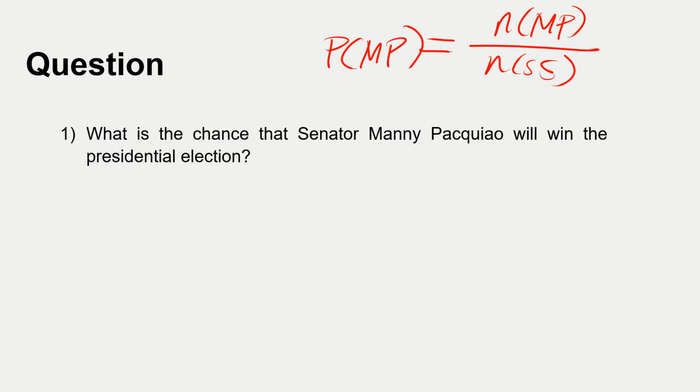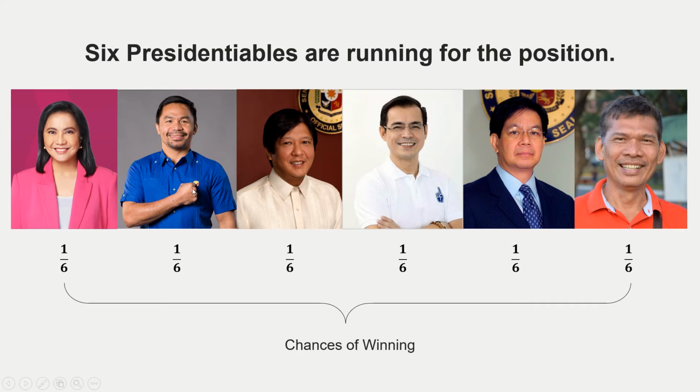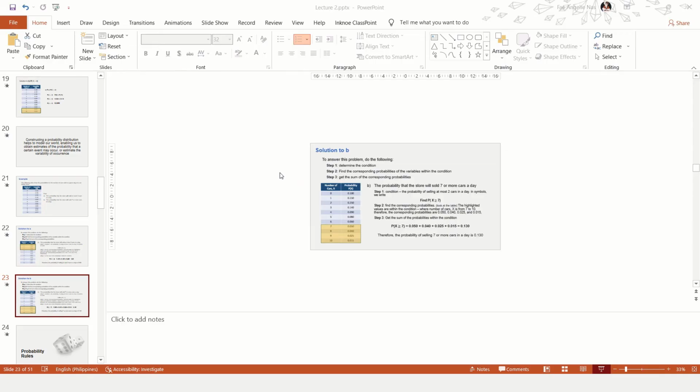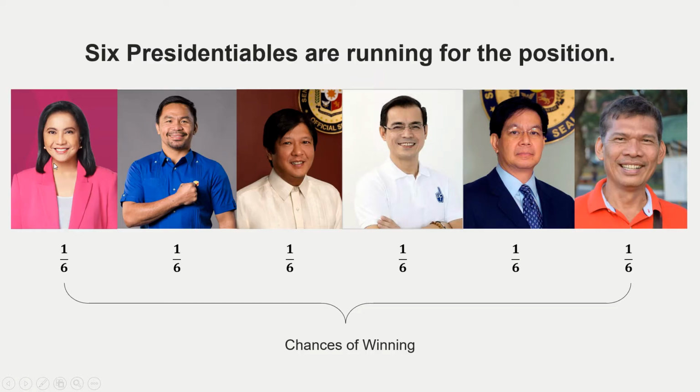In our distribution table, we can see that Pacquiao can only win one way, compared to the others. So the sample space has 6 total outcomes, and one is Manny Pacquiao. Therefore, 1/6. This is his chance of winning the presidential election.